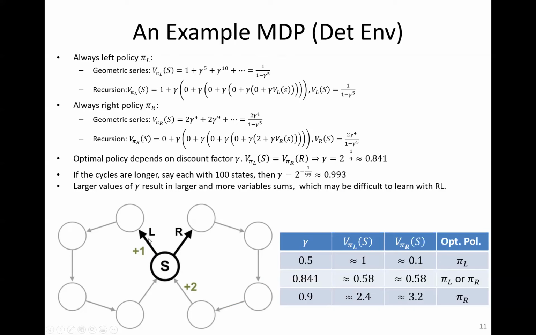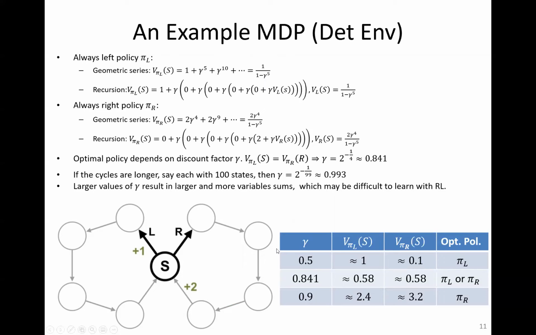If you have an always-left policy, then you can compute the value for the state S as 1 reward plus, 5 steps later, another 1 reward with a discount factor gamma, so gamma to the 5th power. And then 5 steps later, another 1 reward, gamma to the 10th. Eventually, you have 1 over 1 minus gamma to the 5th based on the geometric series sum. Or you can compute it with a recursion with the same result.